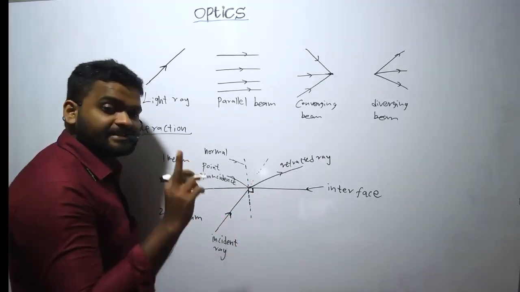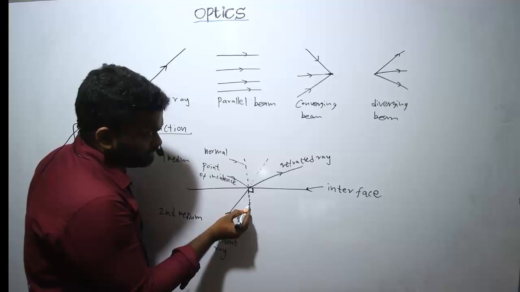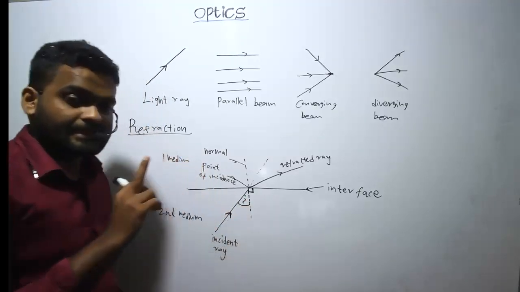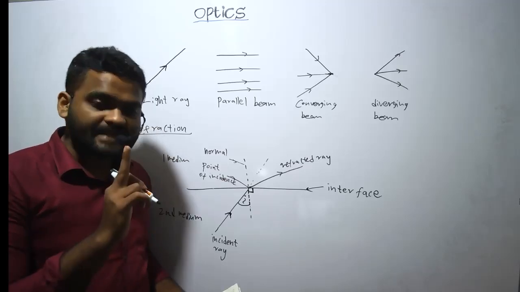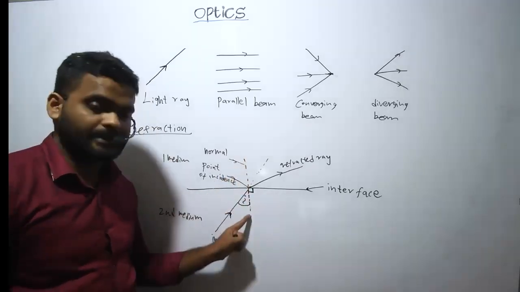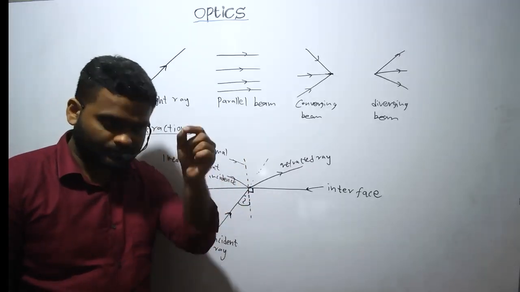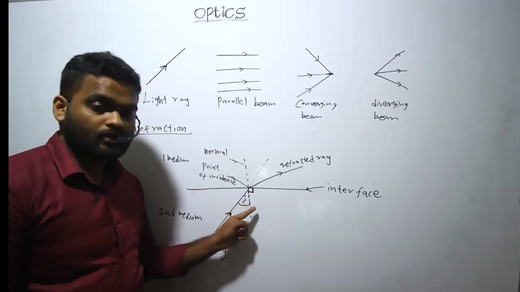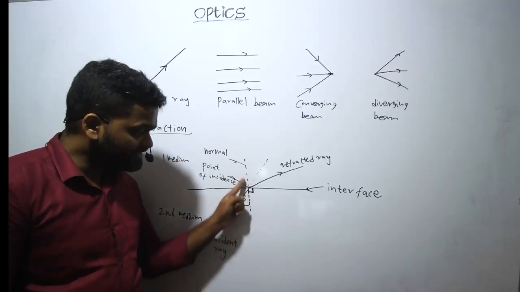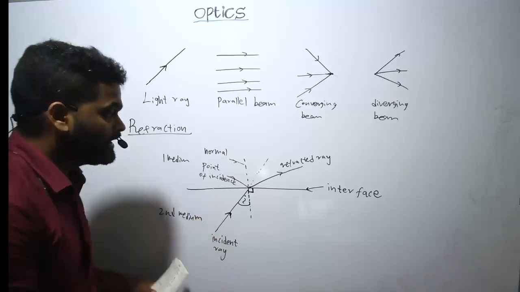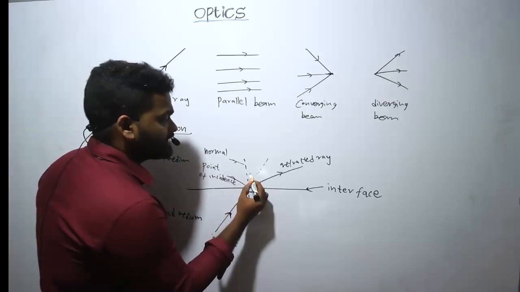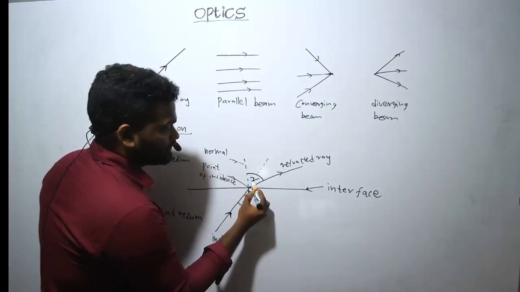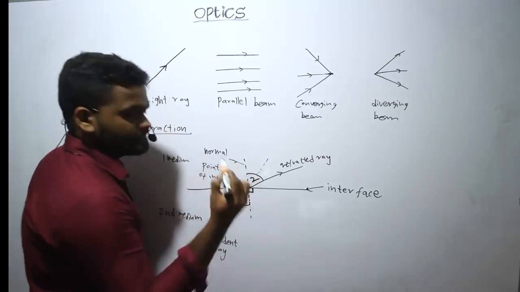And the incident angle, we call this i. You always measure these angles with the normal. Without drawing the normal, you cannot measure this angle. Then the angle of the refracted ray with the normal we call the refracted angle.